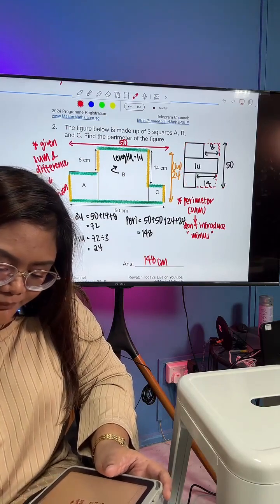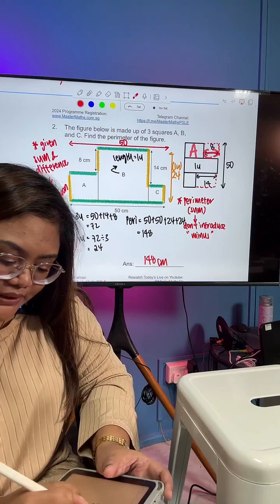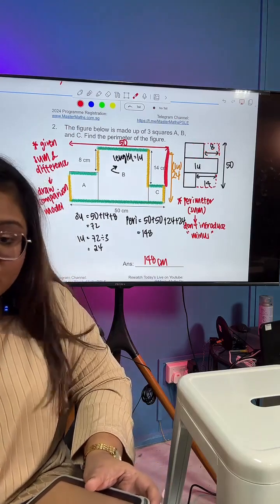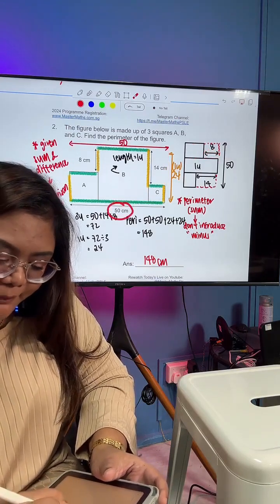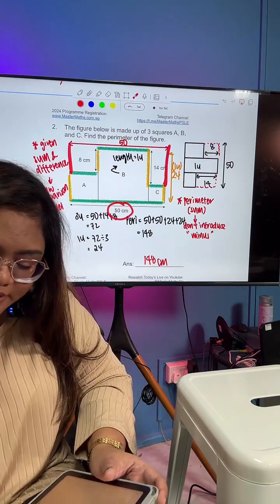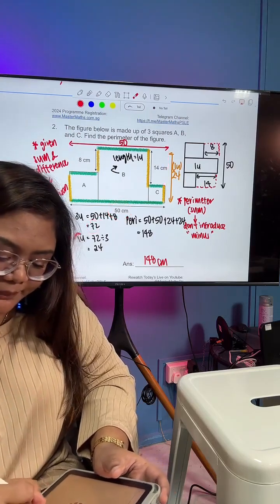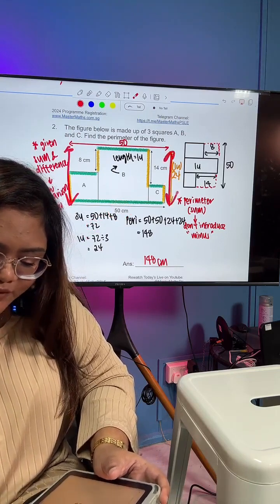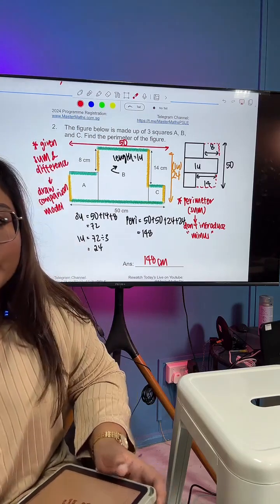I take A, I add in the 8, I get the length of B. From C, I add in the 14, I get the length of B also. So the length of A, B, and C is 15. But I add another 8, I add another 14, I get 3 B's, which is 72. Then I divide it by 3 to give me 24, which means one side here is 24, one side there 24. The entire perimeter is 24, 24, 50, 50.